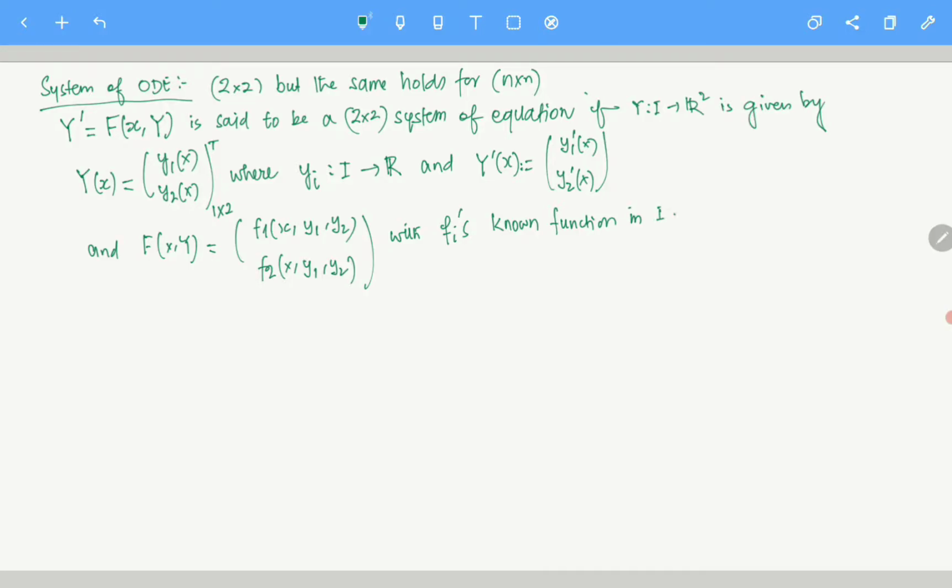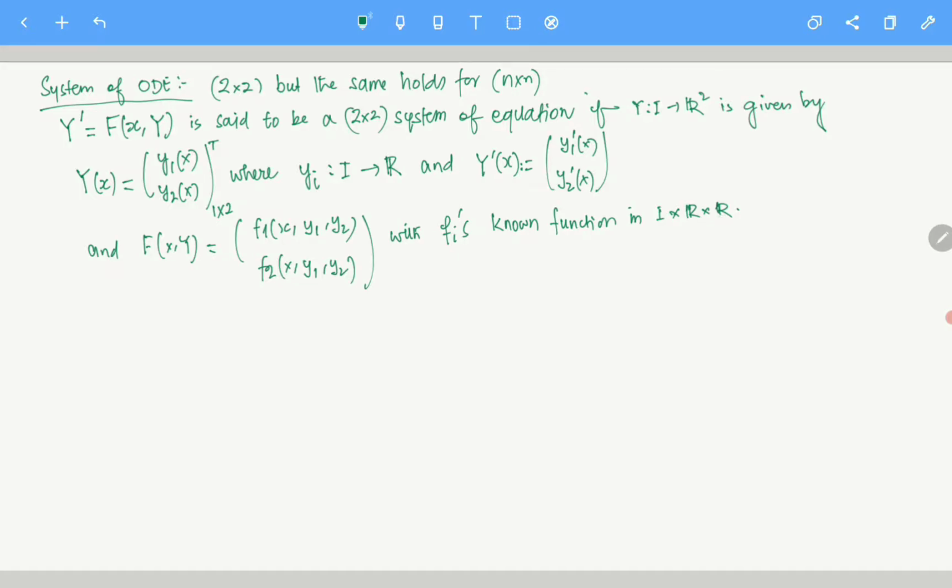They are known functions in I cross R. So fi's are functions in I cross R, and this is the first component, second component. So capital F is a 2 component function. Again, capital F is a function from I cross R to R2. Clear? Okay.